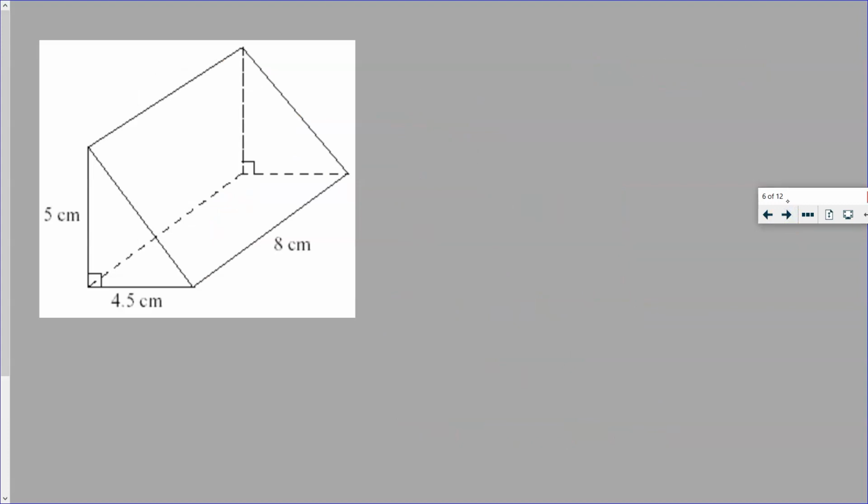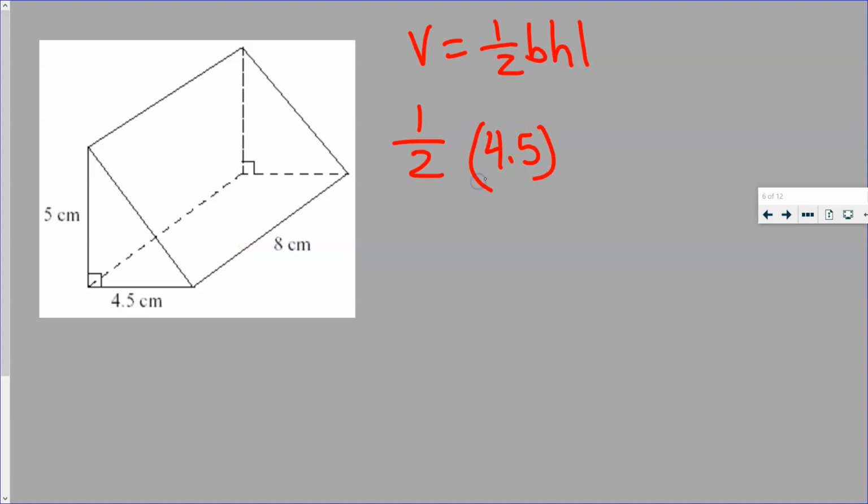So let's try one on our own here. Volume equals 1/2 base times height times length. So we've got 1/2 times the base of the triangle, which is right here. Got a decimal number, times the height of the triangle, which is here because it's at the right angle, times the length of the prism.